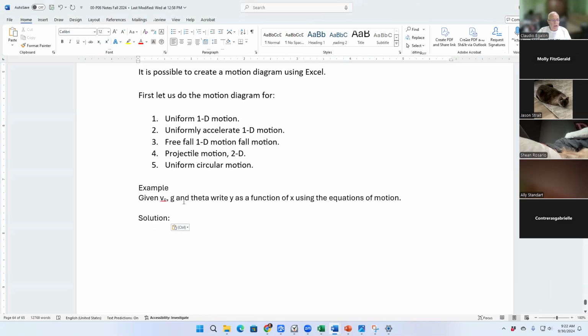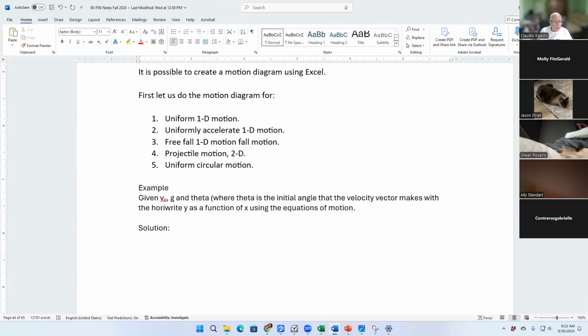Example: given v naught, g, and theta, where theta is the initial angle that the velocity vector makes with the horizontal. Write y as a function of x using the equations of motion.